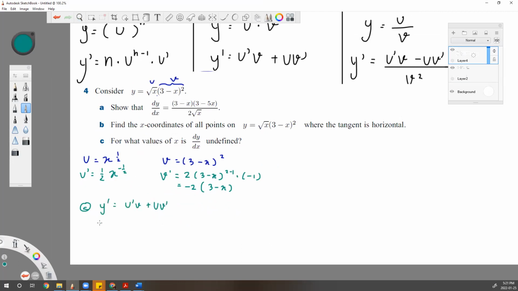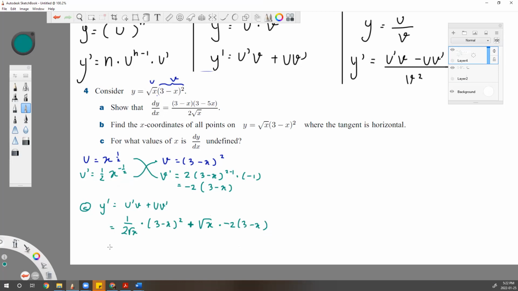That's it. And then the dy dx is supposed to be using the formula u x and v plus u v x n. Okay, u x and v here: 1 over 2 square root x, right? I just write like that because it's easier to see. And then times v, right? And then plus u v x n: square root of x times negative 2 times 3 minus x.